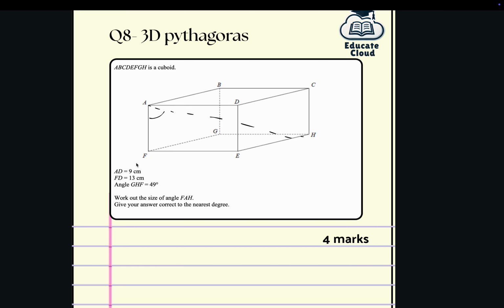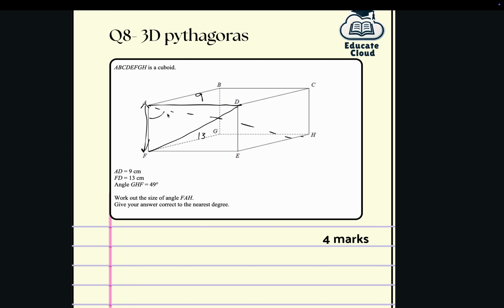So what I would do is I know that AD is 9, so I'll write that down. FD, which is here, is 13. Now think about what I would need to work out FAH. This is one of the lines that I would need.